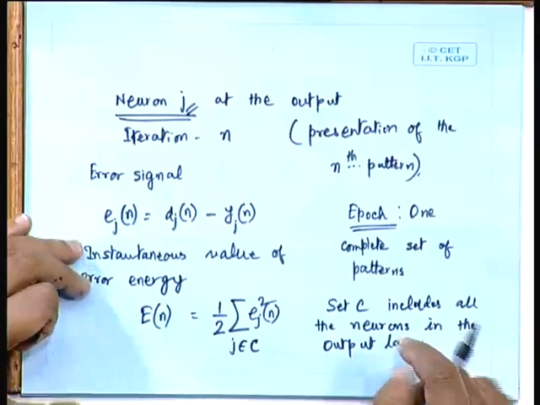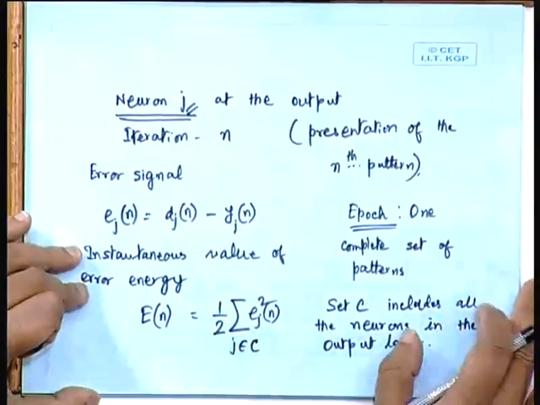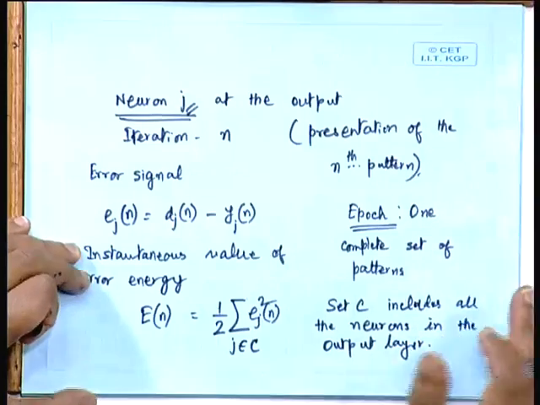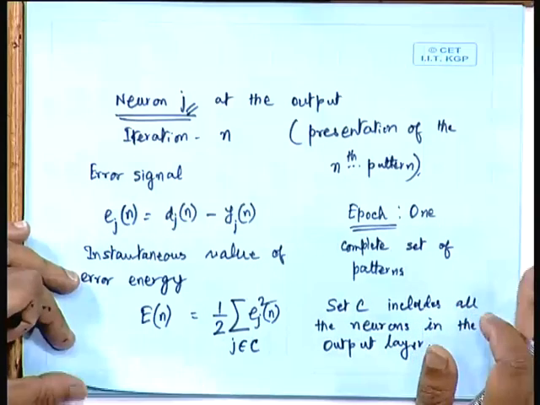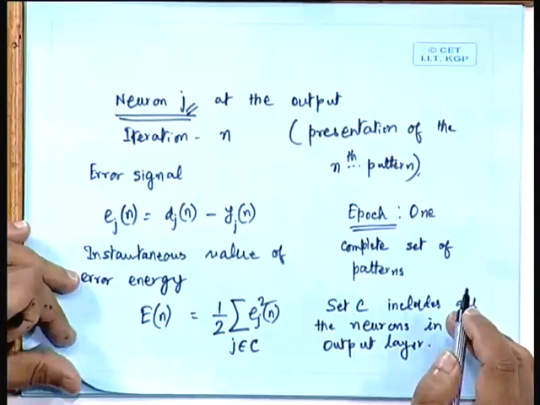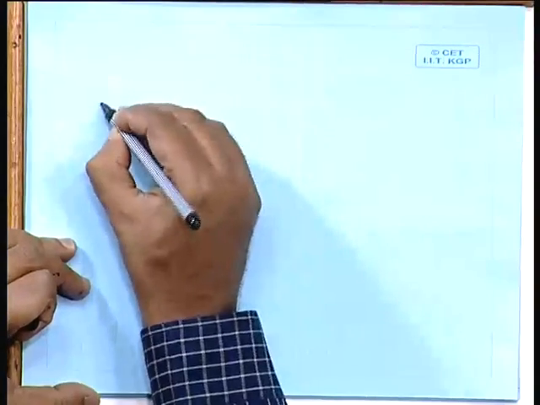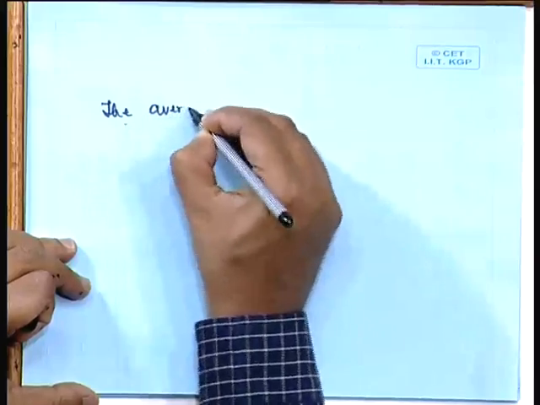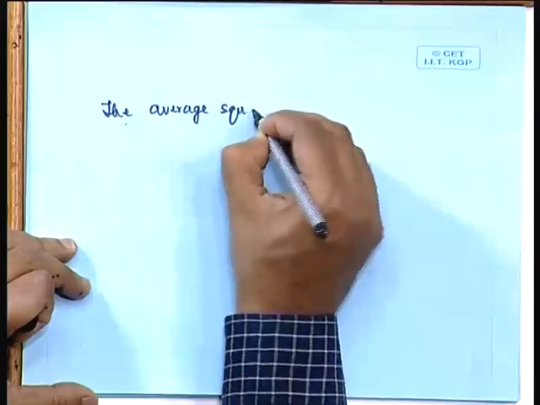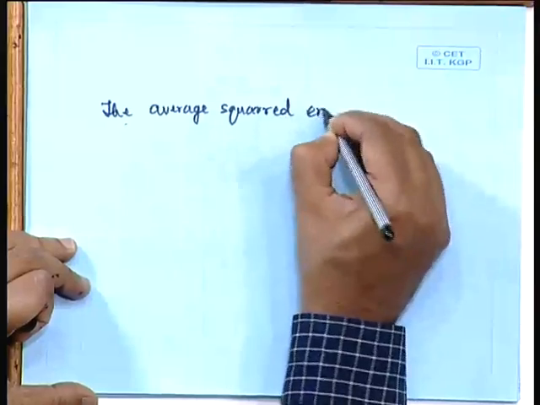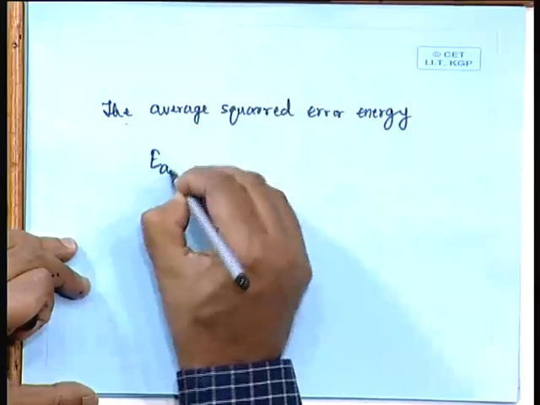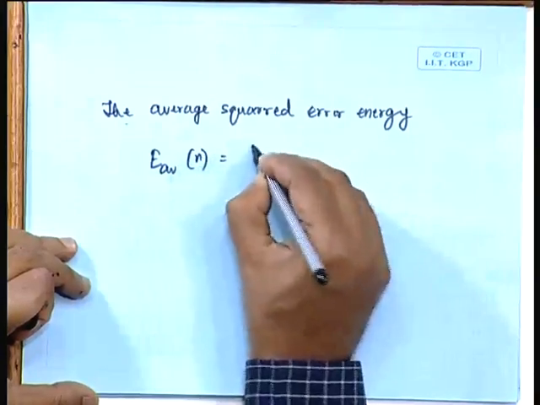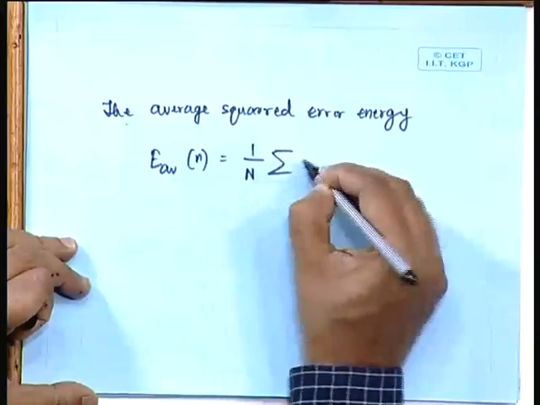Okay. So, having defined this, the average squared error energy: if there are capital N total training patterns, then the average squared error energy, that is E av n, is equal to 1 upon N times the summation of E n.